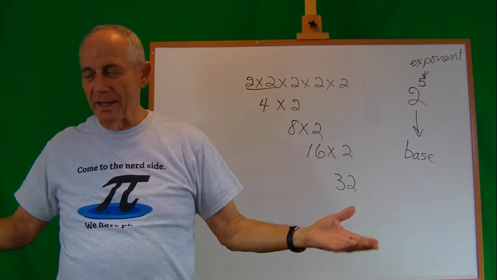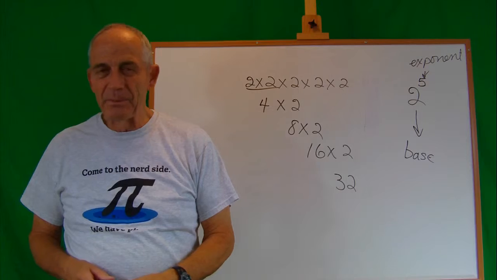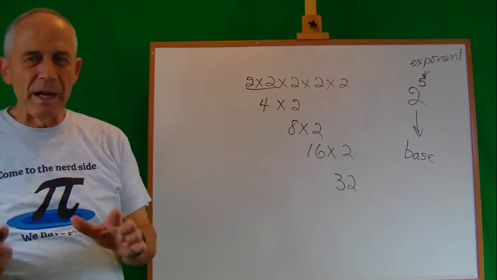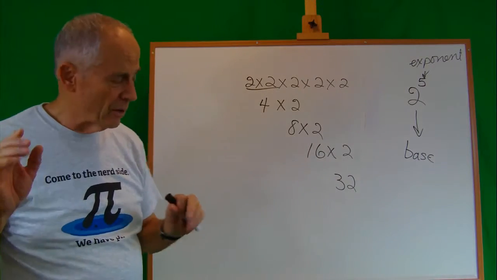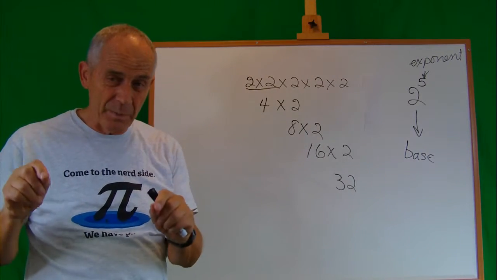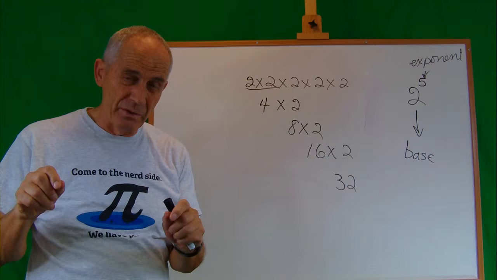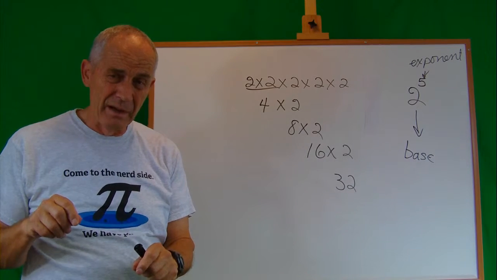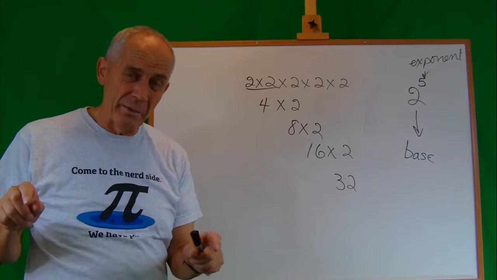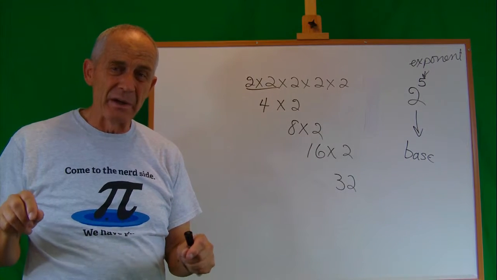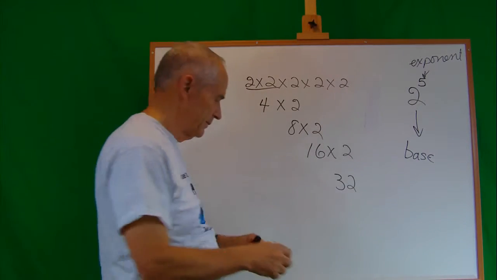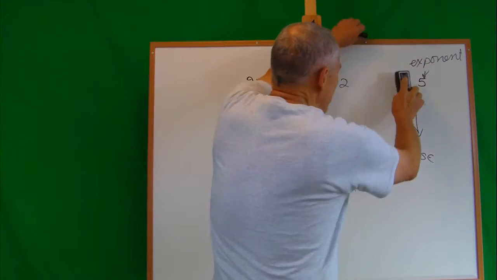So it's not complicated, just one of those things that worked out. Okay, we talked about that because we need it for what we're going to talk about next. So make sure you remember, the exponent tells you how many times you take the base number as a factor, or in other words, how many times you multiply the base number times itself. Okay, so let's go on from there.